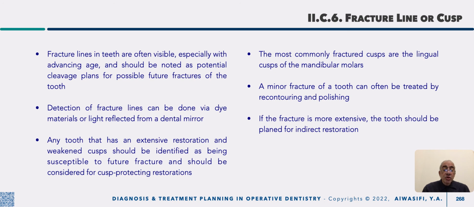The most common fractured cusps are always the lingual cusps of mandibular molars, most probably due to deflection of forces that try to split the lingual cusps. Minor fracture can be treated by recontouring and polishing, but if the fracture line is extensive, then the tooth should be planned for indirect restoration.